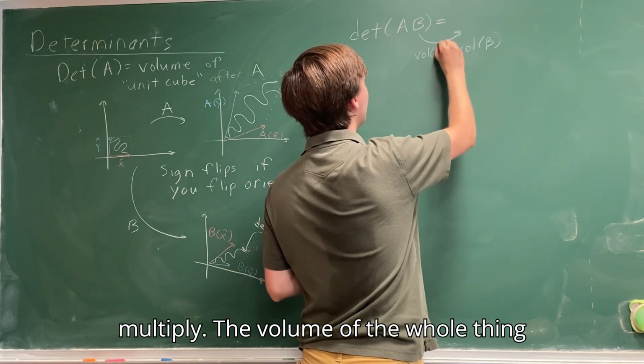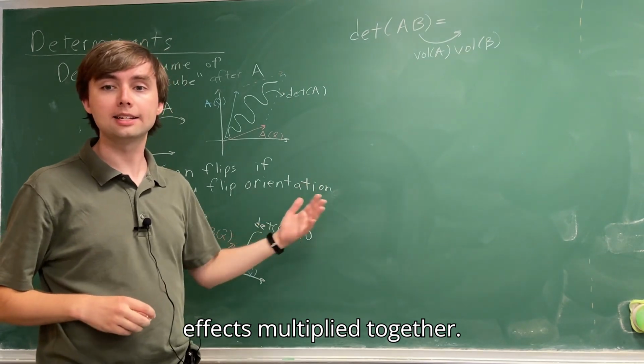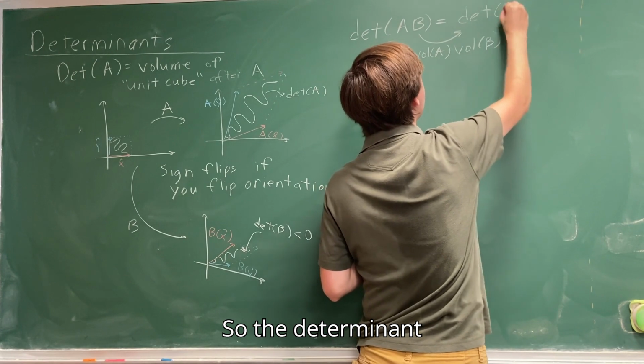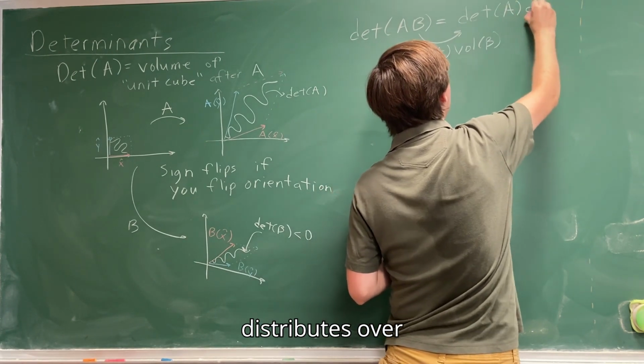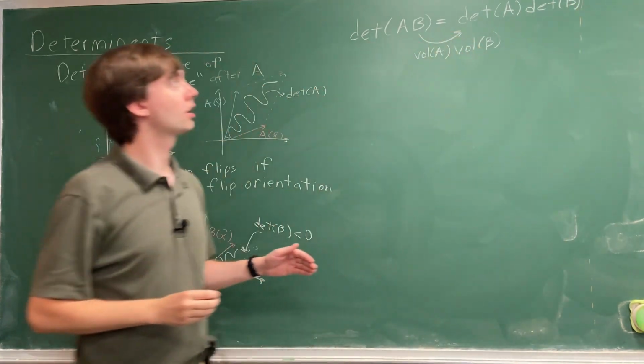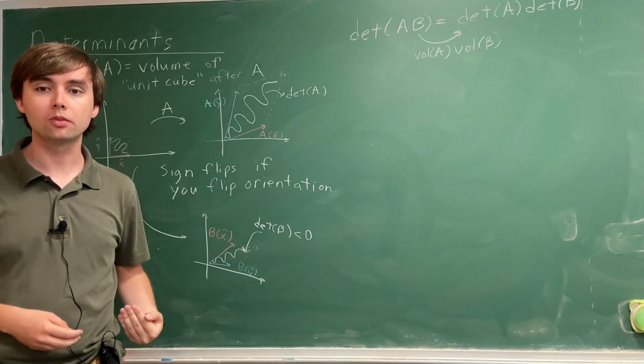The volume of the whole thing together is the volume of those effects multiplied together. So the determinant distributes over multiplication. This is going to be one of our most important rules.